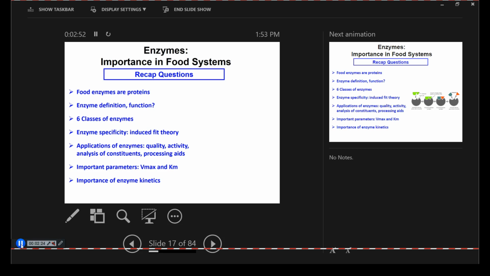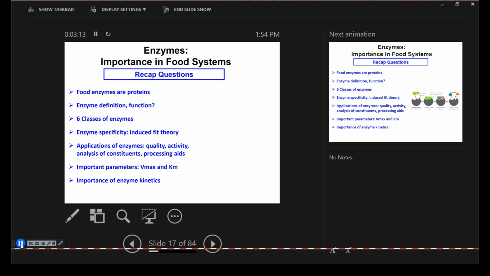So what do we know about enzyme specificity? What does it mean when we say enzyme specificity, and what's the induced fit theory? For the induced fit theory, it means that environmental conditions have an impact on how the enzymes bind to their substrates.